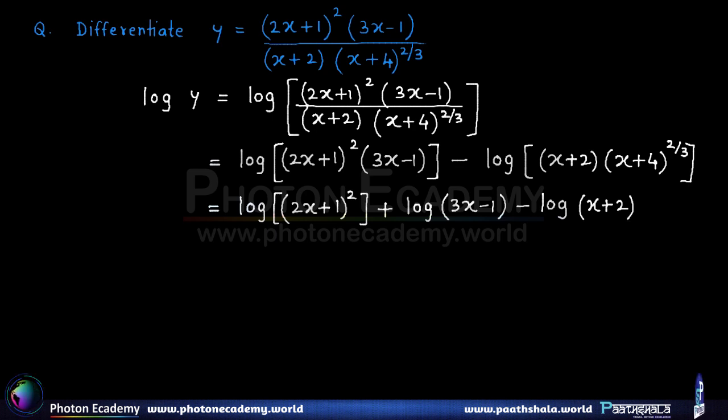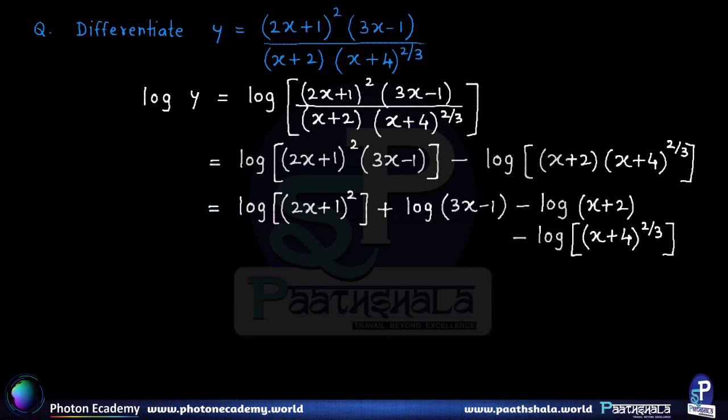So that is minus log of (x plus 2) minus log of (x plus 4) whole raised to 2 by 3. We are already familiar with the process till this point. It involves the properties of log. So what we have found so far is just the log of y.